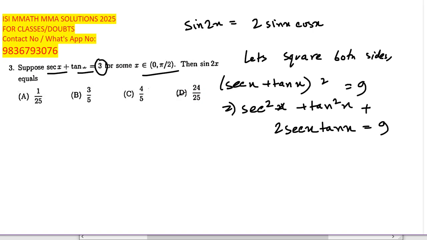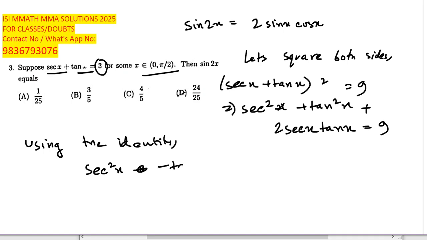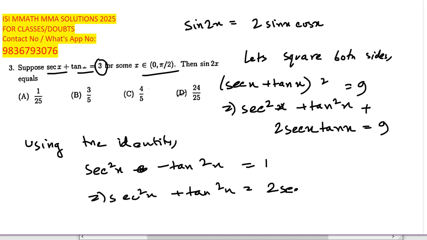So we will use the identity: sec square x minus tan square x is equal to 1, we know, or sec square x plus tan square x is equal to 2 sec square x minus 1.